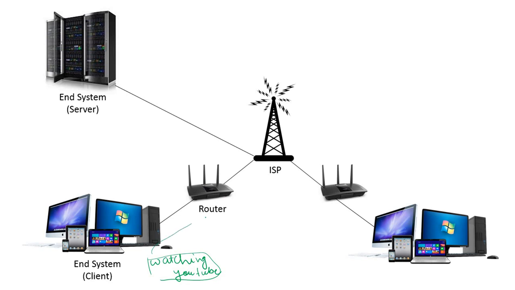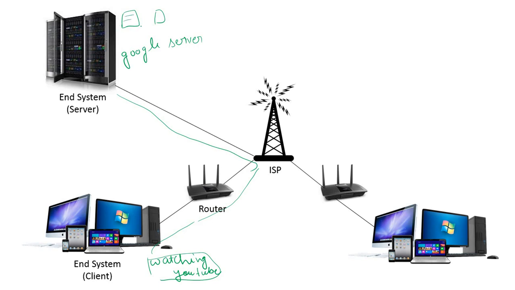How does this go? It goes to a router. From the router it is connected via the ISP, and the ISP might be connected to the Google server. In the server this video is stored. It takes some space. There might be another device for the storage, but obviously there will be some space to store this data.